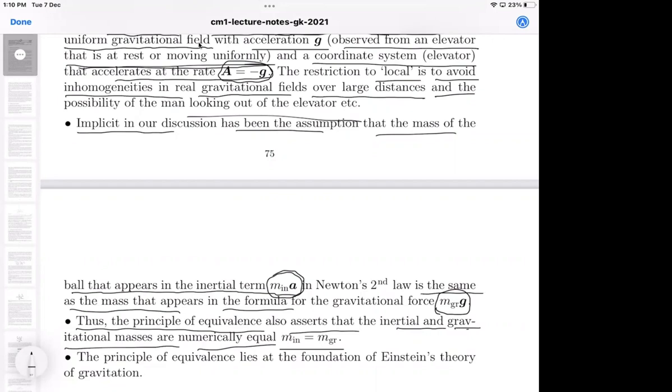But if there's a gravitational field present and this acceleration is being caused by the gravitational field, the difference between electron and proton will not be there. I mean, if we disregard the masses of electron and proton, just assume that the mass of the electron is equal to the mass of the proton.